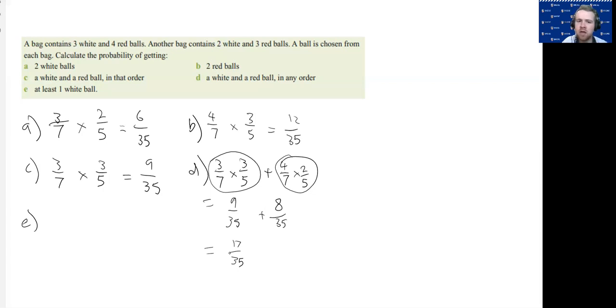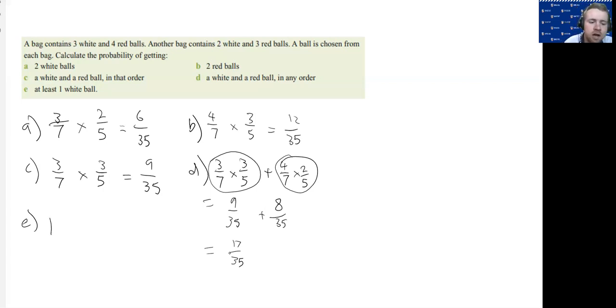Now, because that plus that equals 1, we can also say that the complement can be 1 minus the probability of the event. So what we can do here is we can work out what the probability of getting no white balls is, and then do 1 minus that probability. So the probability of getting no white balls is the same as getting 2 reds.